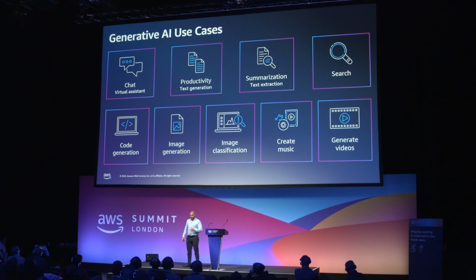You can also summarize existing text. You can also search for text. You can also search across the vast amounts of data that the foundation model is trained on to synthesize information into easy-to-consume bullet points. You can use it to augment code. You can use it to generate new images. The list goes on and on.